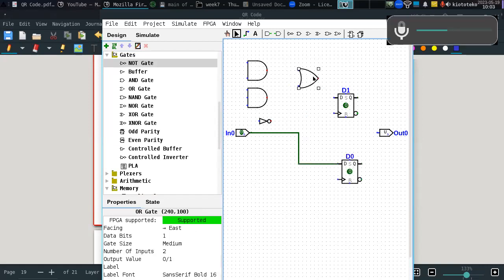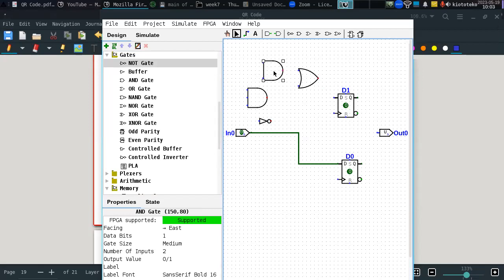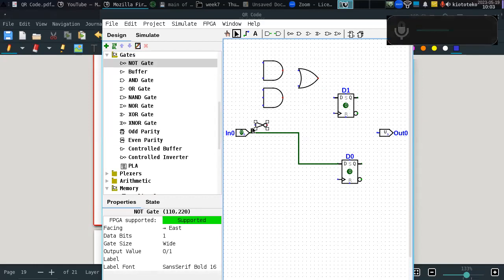So one of the inputs to this AND gate is a negated input, so that's why we just connect this to the OR gate, and this OR gate to this D1 flip-flop.